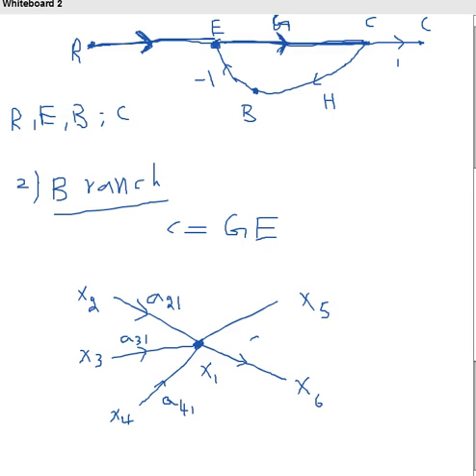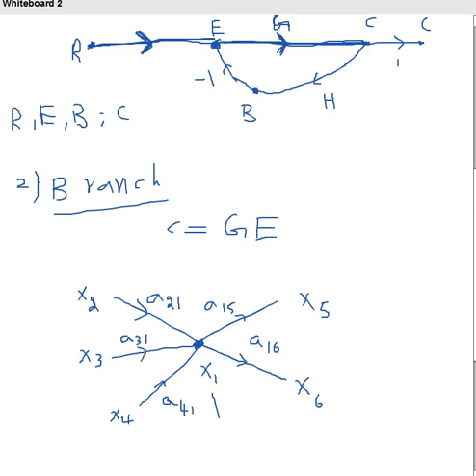And this branch is A16, and this is A15. A represents all gains. A21, A31, A41, A16, A15 are all branch gains. So X2, X3, X4, X1, X5, X6 are all nodes.